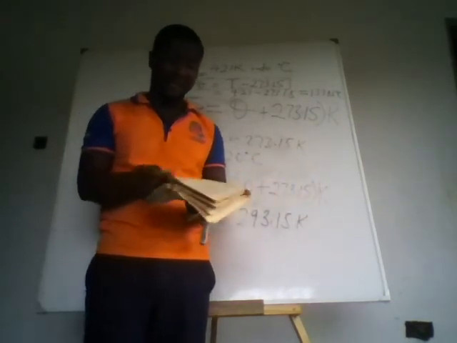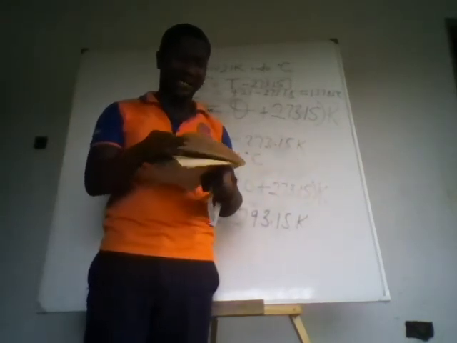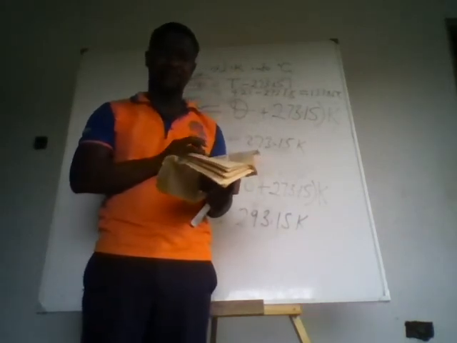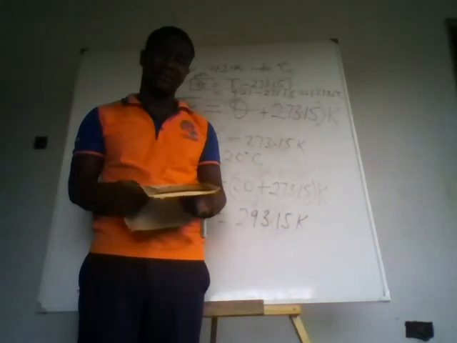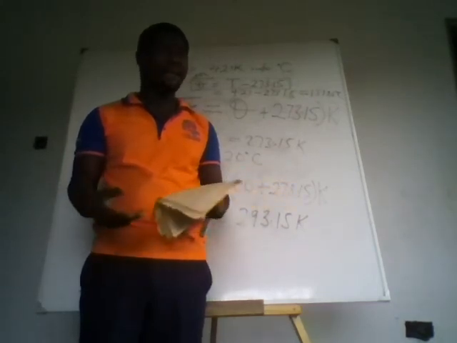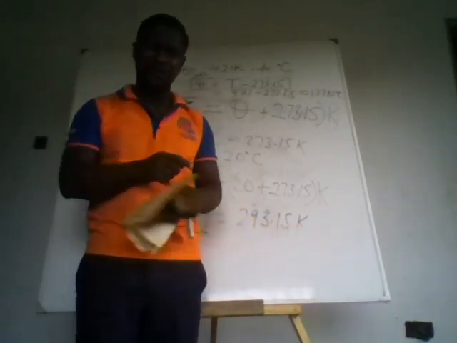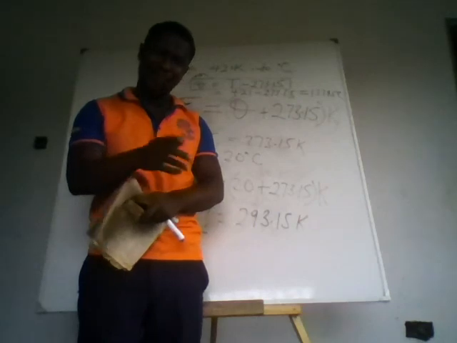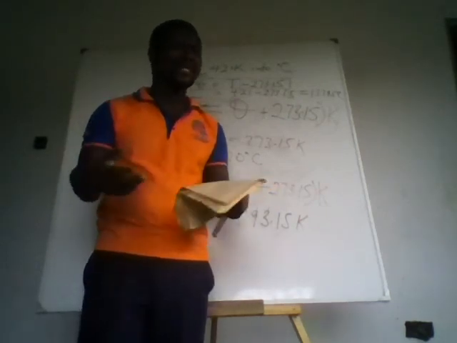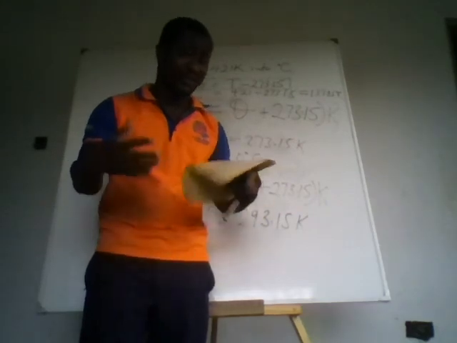And then again, we'll continue to look at what we mean by fixed points. We'll also look at what we term thermometric properties. So go and look out for what thermometric properties are, and examples of thermometric properties, and then come.